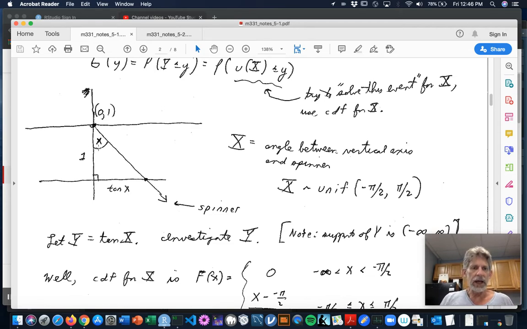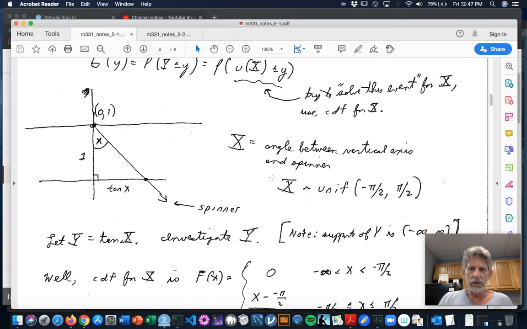And when I do that, I'm going to measure the angle between this vertical line here and the spinner, okay? And I'm going to call that angle capital X, okay? And so that's why I'm not calling the horizontal axis the x-axis, really. And I also don't want to call the vertical axis the y-axis, because I'm going to use Y as a transformation of my capital X variable.